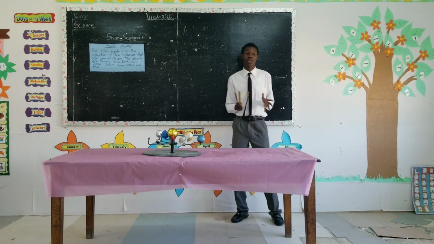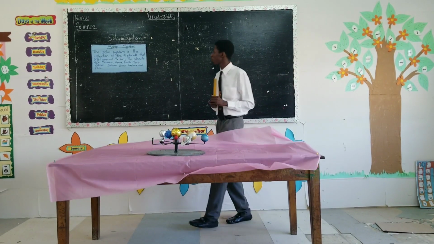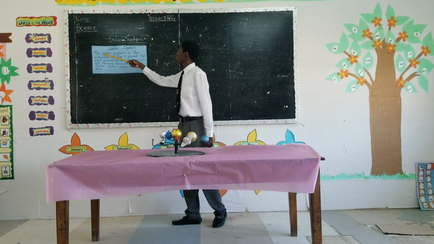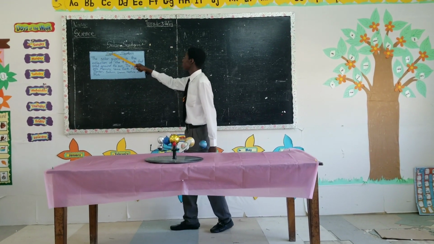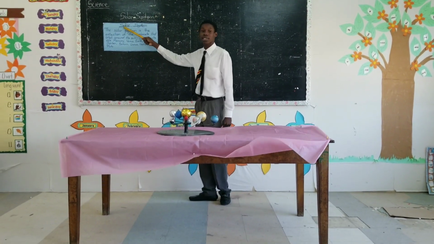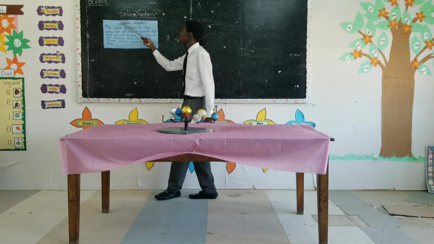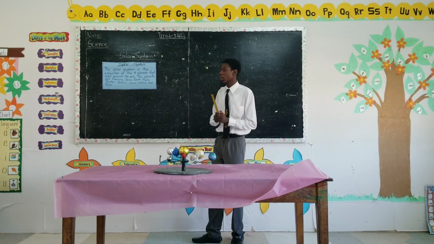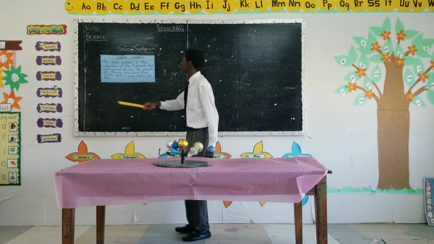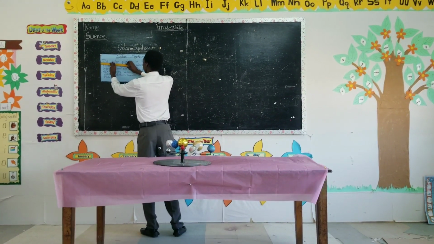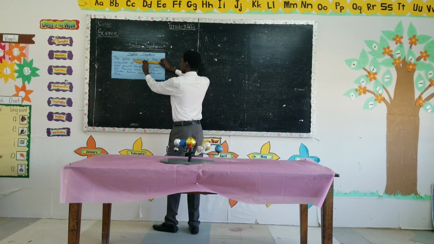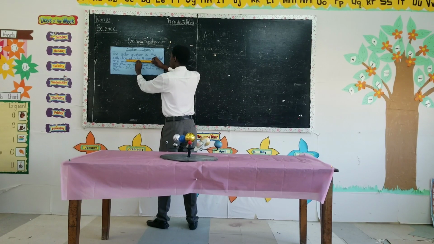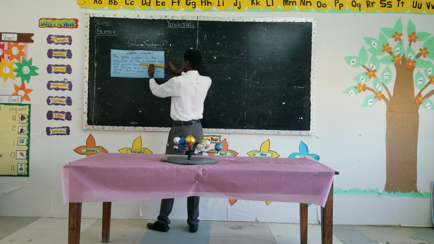So, class, what are we doing today? We're looking at the solar system. What does solar mean, class? Solar means sun. Okay, so let's look at the definition. Let us read together. 1, 2. The solar system is the collection of the 9 planets.